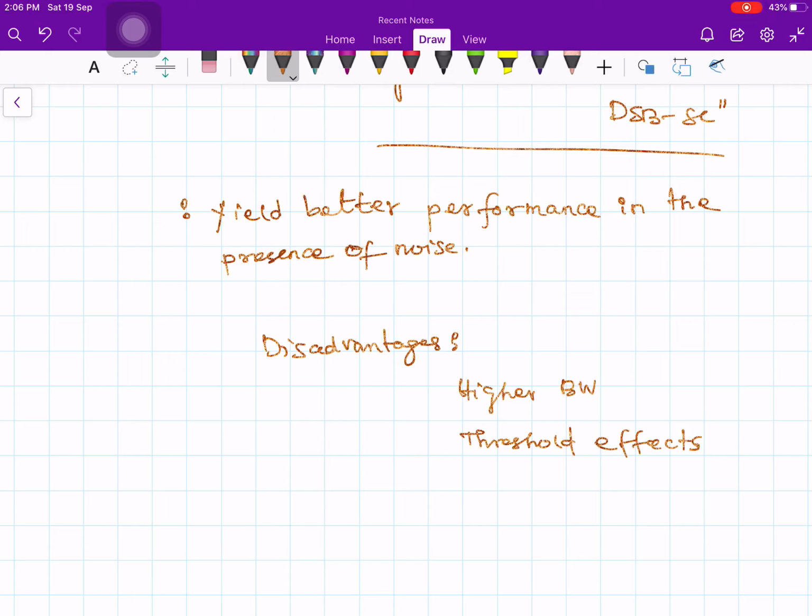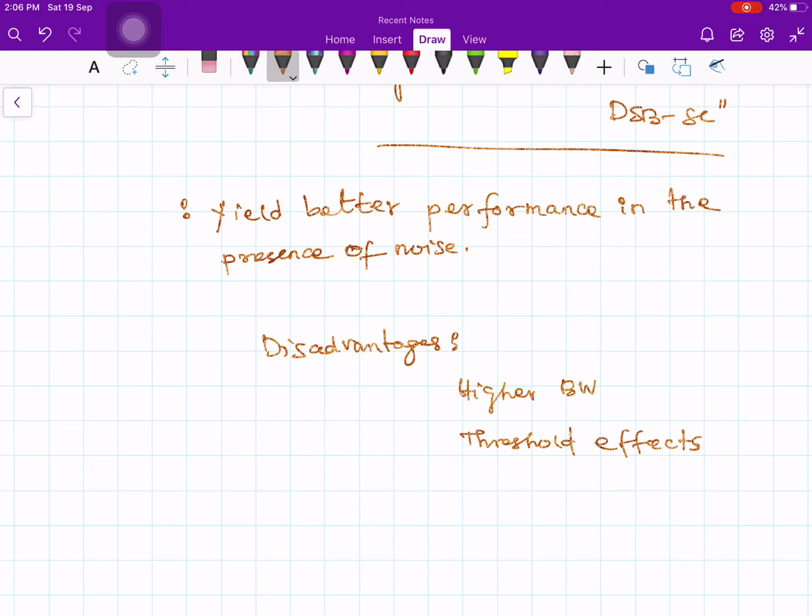And this is the problem: in FM, if the input SNR goes beyond a certain point, it becomes very bad. Then the output of the FM demodulator goes very bad, simply failing to resemble the input at all. In this case the FM demodulator simply breaks down. So there is a certain threshold SNR which you must maintain at the input of an FM receiver.